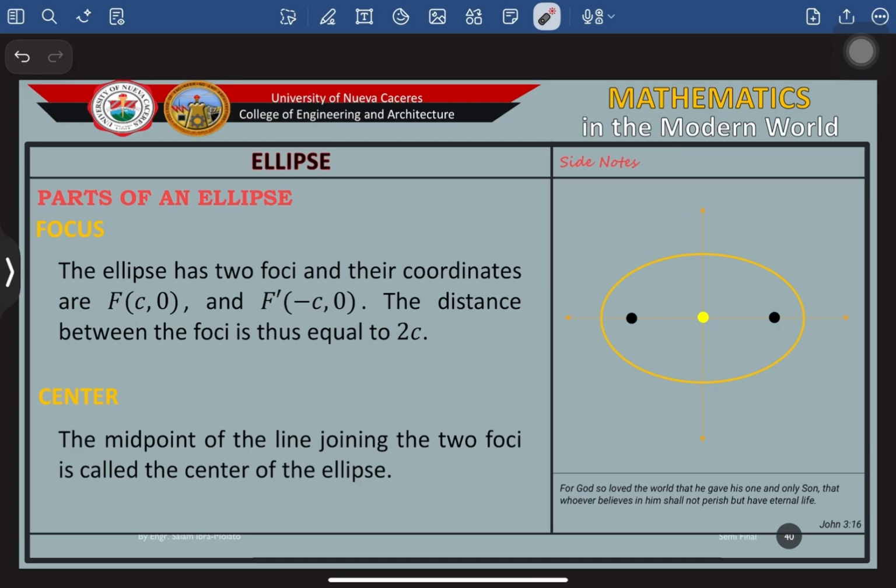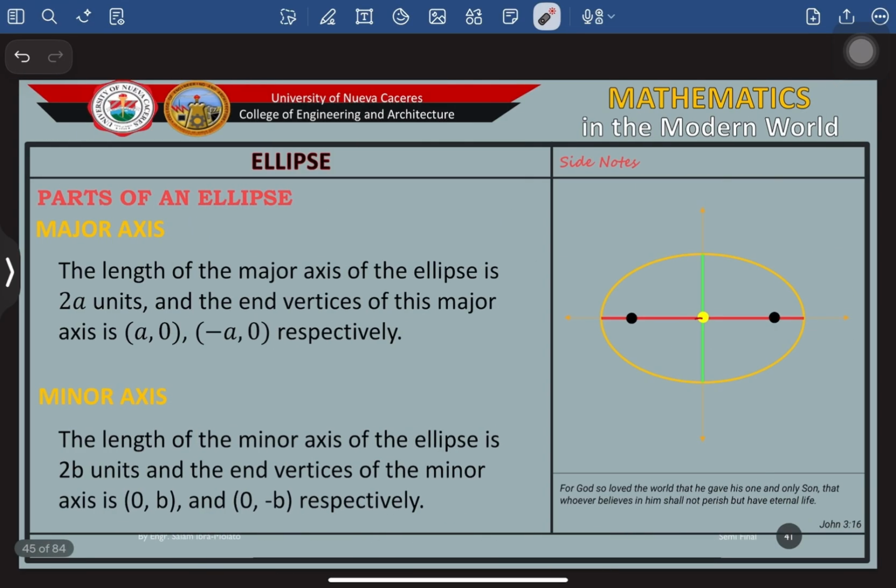Next is the center. The midpoint of the line joining the two foci is called the center of the ellipse. Then another part of an ellipse, the major axis, that is the longest length of the axis.